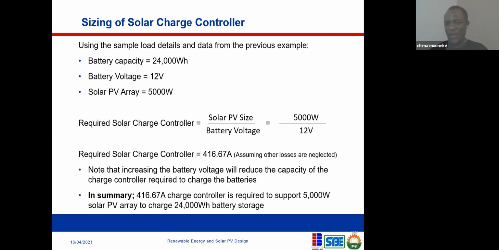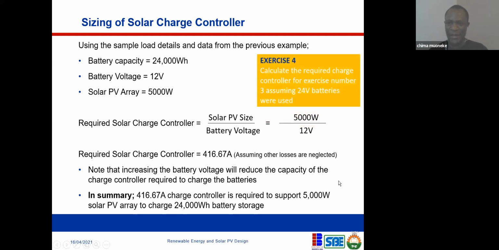You see how everything has now come together to tell you what your design will look like. You know what your solar PV array would be, what your charge controller capacity will be, what your battery storage will be, and what your inverter would be from the first slide when we started.